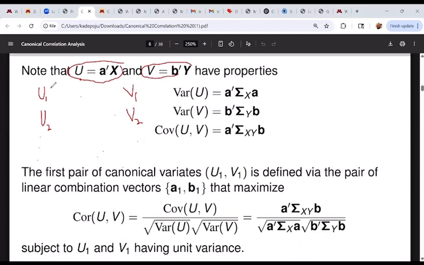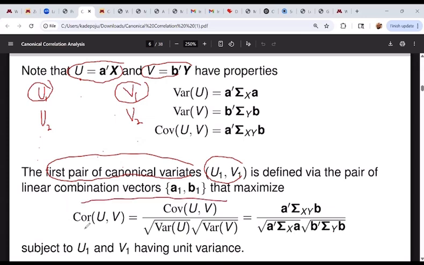Now, if I take a U1 here and a V1 here, that's what I mean by the first pair of canonical variates. If I want to obtain the first pair of canonical variates, I should be ready to find the correlation between U and V. The correlation between U and V is going to be the ratio of this guy to that guy.